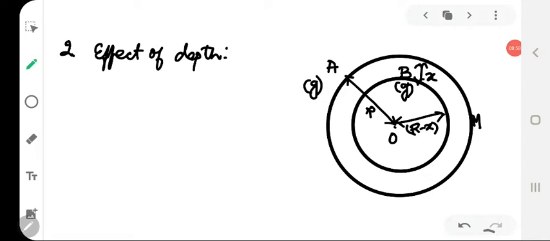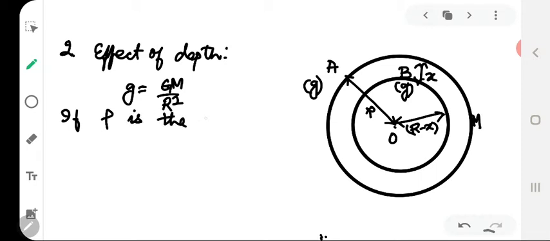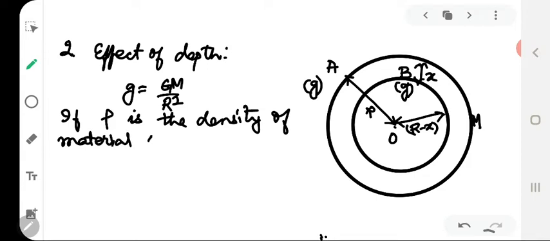So again I repeat, consider that the Earth is a sphere of radius r and mass M. Then value of acceleration due to gravity at point A on the surface of Earth is given by g equal to GM by r square. Now if rho is the density of material of Earth, then mass of Earth M will be given by volume into density.